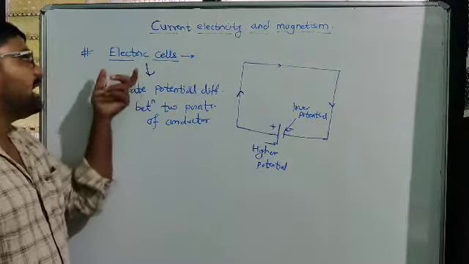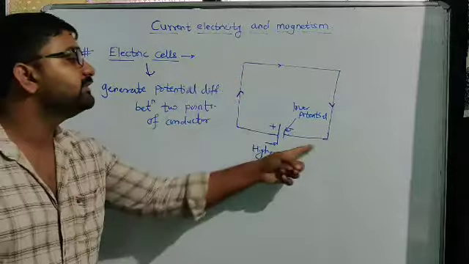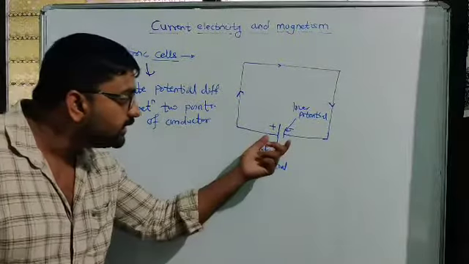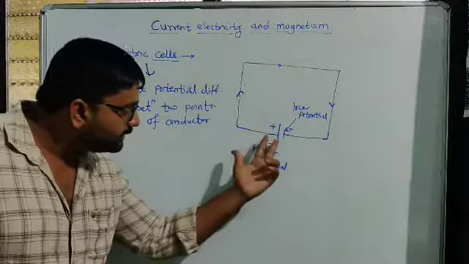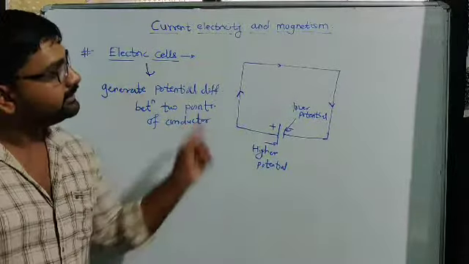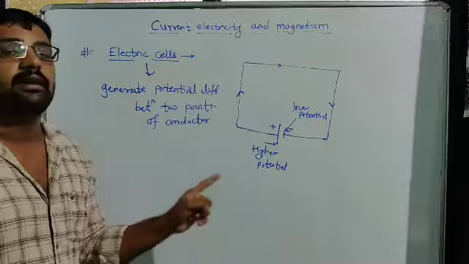So that is actually the importance of this electric cell, to generate electric potential. And we know if electric potential is there, then current can flow.